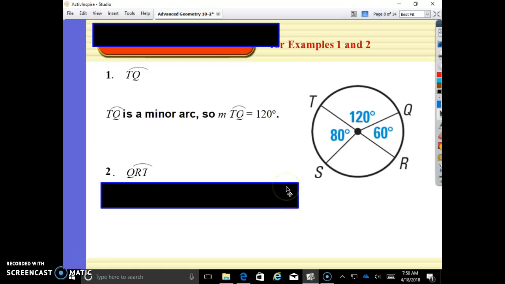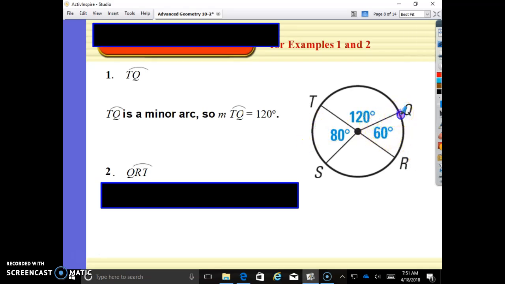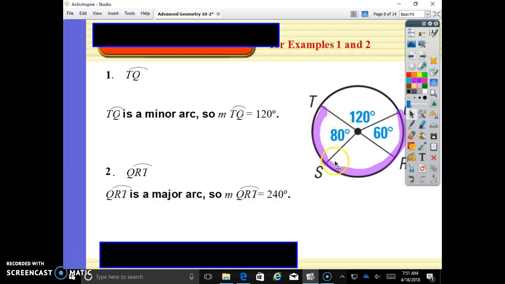How about arc QRT? Discuss it with your table partner and let me know. Major or minor? Major. How many degrees? 240, because it's 360, the whole thing, minus 120 that's missing.